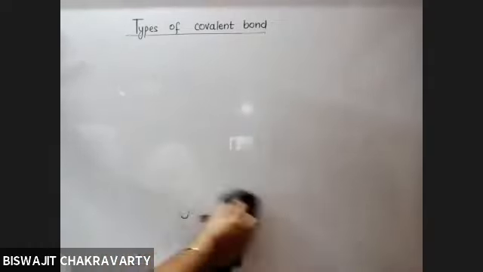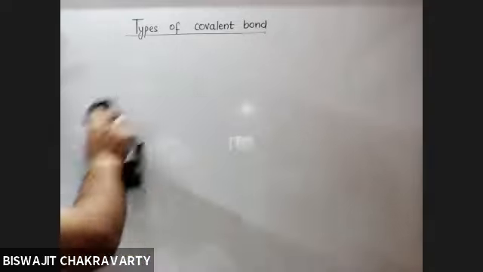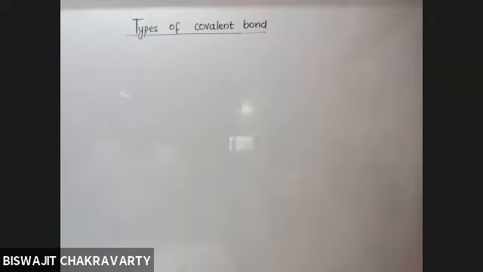So when we classify the covalent bond, depending upon the criteria, we can classify covalent bond into different types. So far we have discussed that covalent bond can be classified on the basis of polarity of the bond into two types, polar and non-polar.